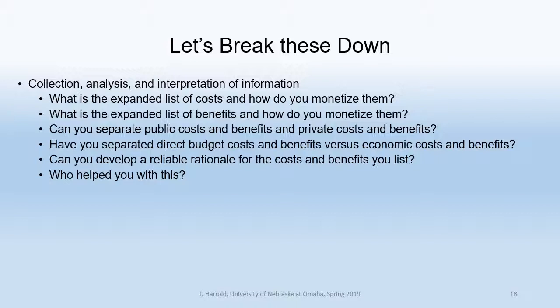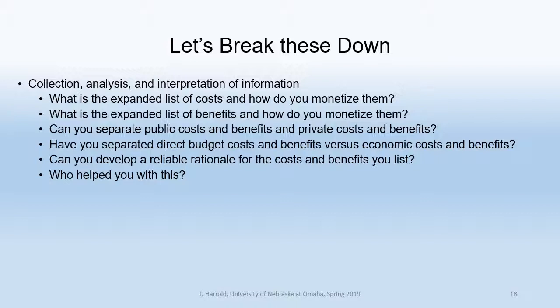So the next step in Clemens and Macbeth is this idea of collecting, analyzing, and interpreting information. So this is where you're starting to collect your price list, if you will, of costs and benefits. You've thought through it. You've listed what these things are. Now you're going to go through the effort of doing the math to monetize them.